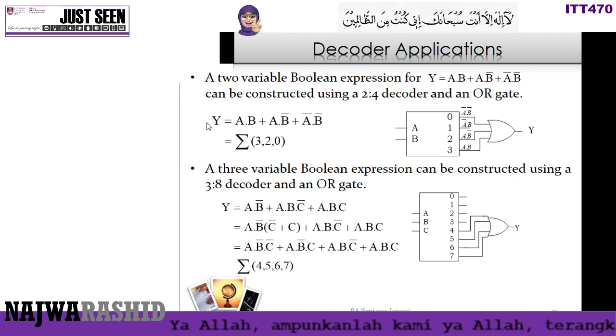The next example, a 3 variable boolean expression can be constructed using a 3:8 decoder and an OR gate. So you need to know how to draw this part, the decoder combination with the OR gate.